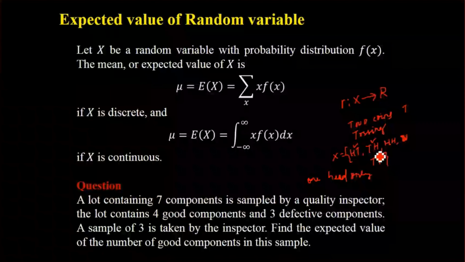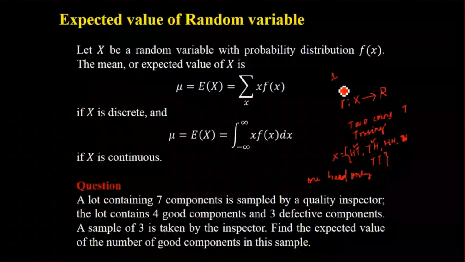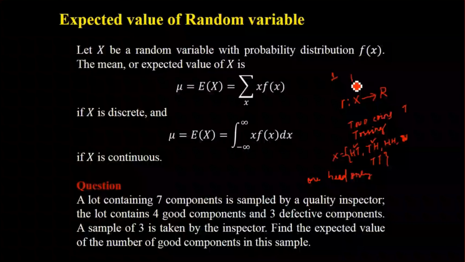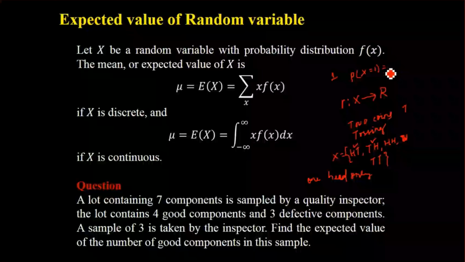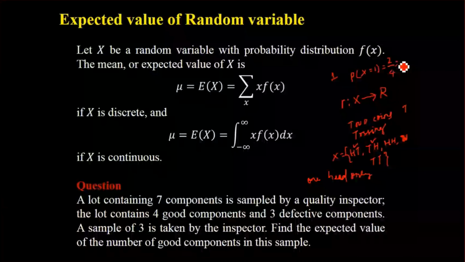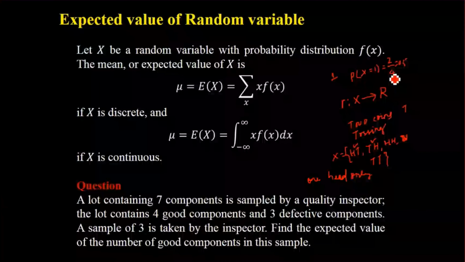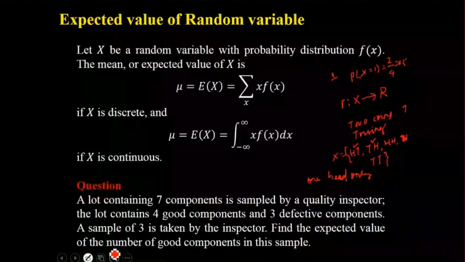So if one head is 1, the real number is 1. The probability of x equal to 1 will be 2 out of 4, so 2 by 4 or 0.5. So 0.5 is the probability. That is what happens in a random variable.